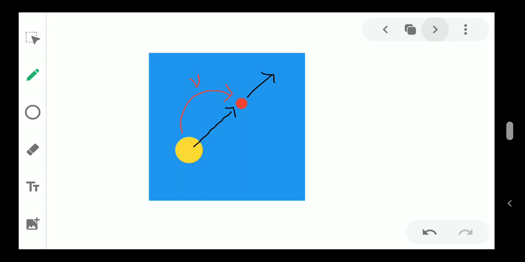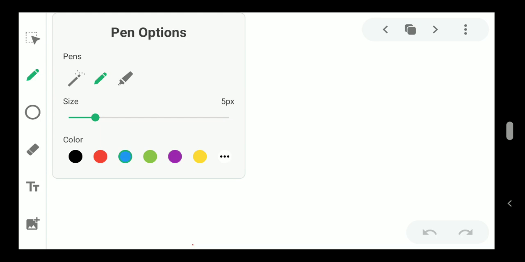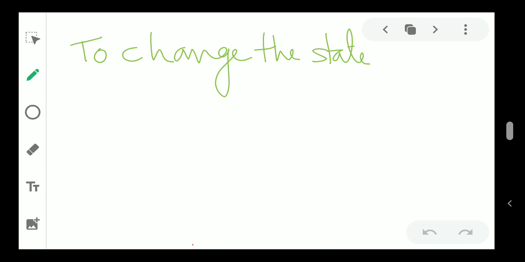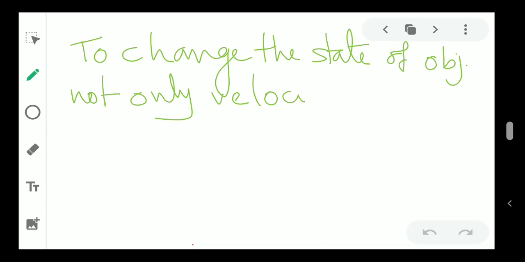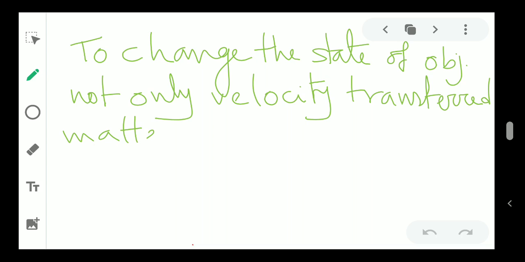So that means to change the state of any matter, I am writing this clearly, to change the state of matter, the state of object, not only velocity transferred matters, but also the inertia plays a vital role.